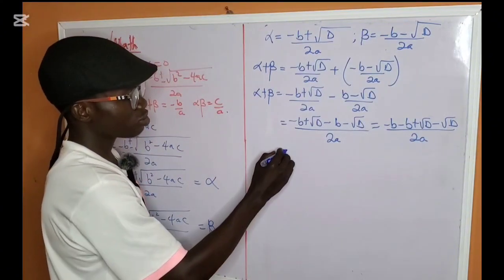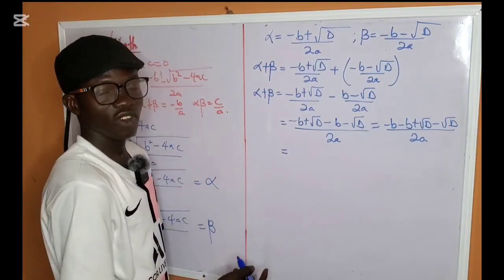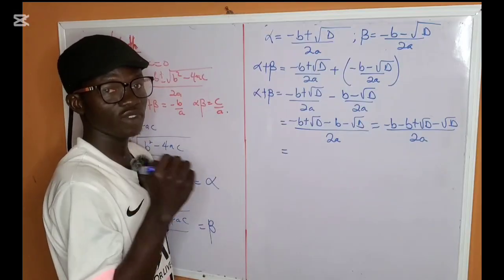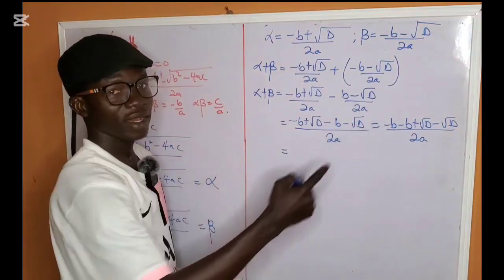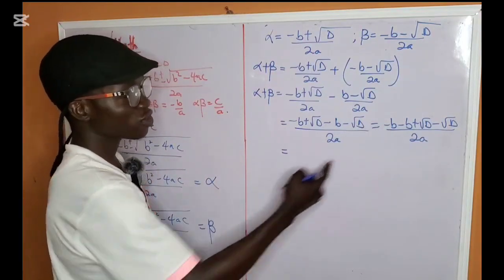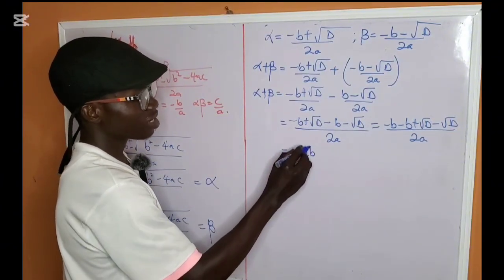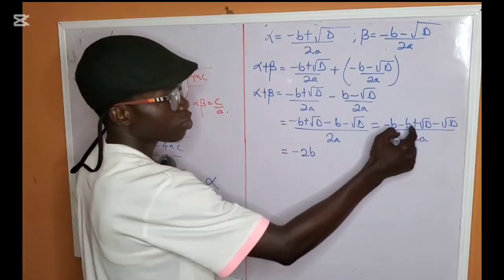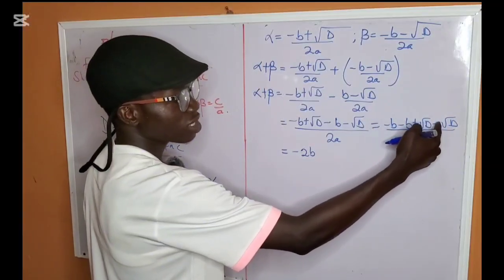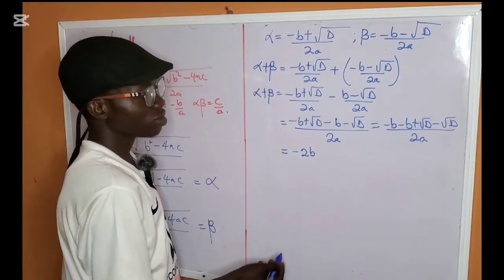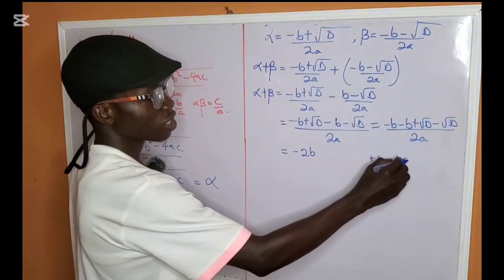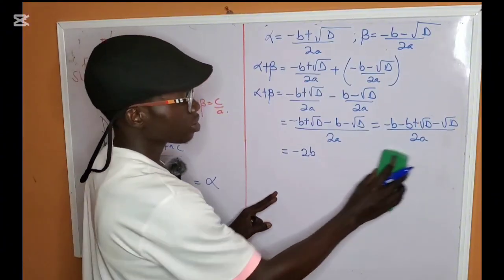So therefore, this is going to be minus b, that will give us minus 2b. If you are owing two individuals, 1 naira and 1 naira, if you add the money you are owing together, it's going to be what? 2, which is going to be minus 2. Minus 2b, right? Plus root d minus root d, that will give us 0. Just like plus 1 minus 1 equals 0. Good.